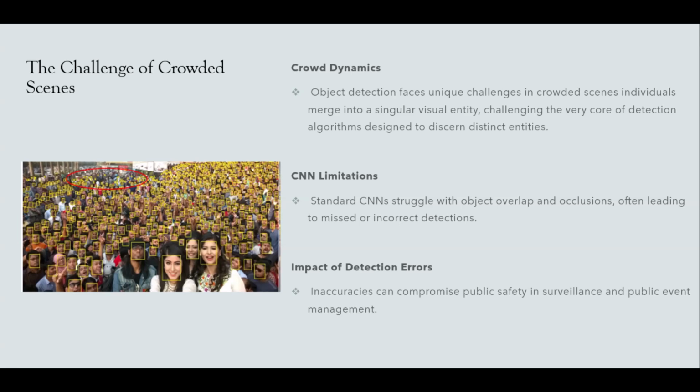Remember, we're dealing with a crowd, and a crowd could be a result of social events, traffic monitoring, or surveillance. If you inaccurately detect someone or an object, it could compromise public safety during surveillance or even during any social event, say a concert.